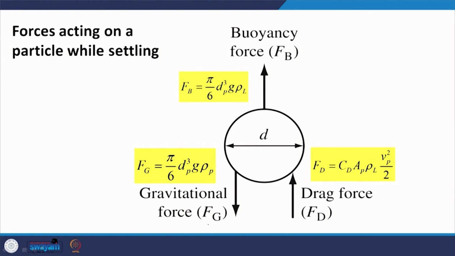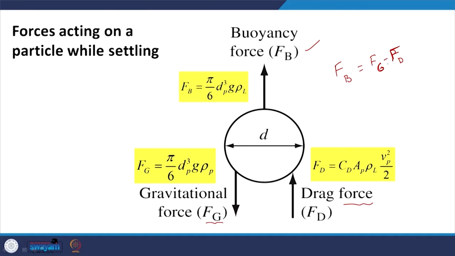On any particle, gravity pulls us down, and for a particle in water, you will have buoyancy, and if it's moving down, obviously you will have the frictional force or the drag force. Let's see, Fb is equal to Fg minus Fd.